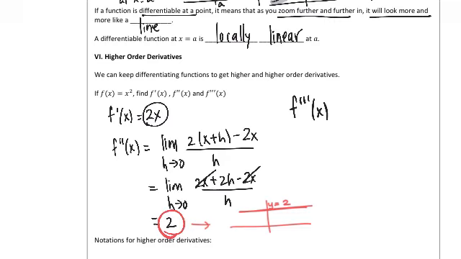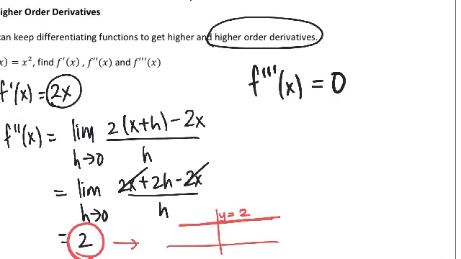So the third derivative, which is the derivative of that line at 2, is just going to be 0. And in this particular problem, all the higher derivatives than that would be 0. But the point we're taking away is that we can go on doing the derivative process and we get these higher order derivatives.